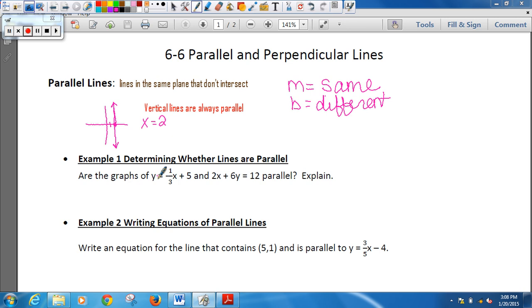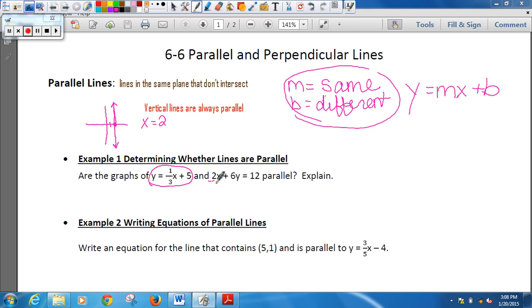Are the graphs of y equals 1/3 x plus 5 and 2x plus 6y equals 12 parallel? And explain. Well, in order to tell, you have to find the m and b. The form that will give you that the quickest is to put them in y equals mx plus b form. We're lucky because this first one is given to us in the correct form. Now we need to change the second one and get y by itself.